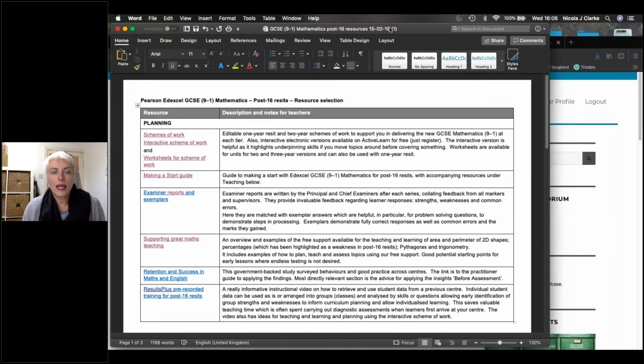So in terms of planning, we've got schemes of work, we've got printable ones, sort of editable Word documents, and we also have access, you have free access to an interactive scheme of work through ActiveLearn.